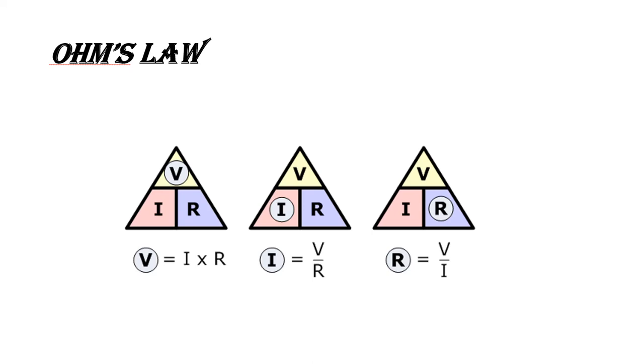So right here we have the basis of Ohm's Law. We're going to use a V instead of the E in this lesson. So normally it would be E equals I times R, but we're going to use the V because it seems to work a little bit better. So V, of course, stands for volts.